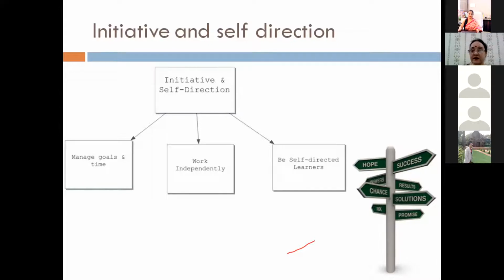If you have to take a decision as a leader in some important emergency situation, you cannot wait for somebody else's opinion on that. You have to go straight forward and just do it right away, because you feel that was the most appropriate action at that time in an emergency situation. So leaders are always there to take initiatives, and they are self-directed and self-motivated as well.